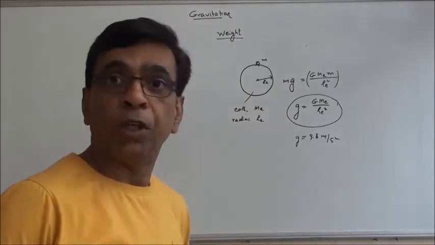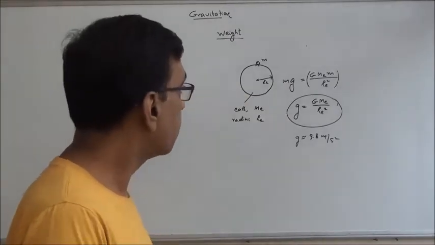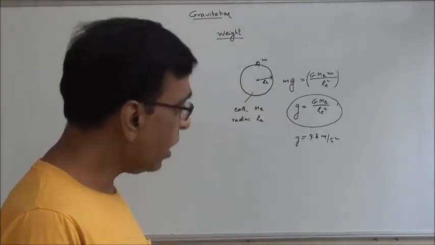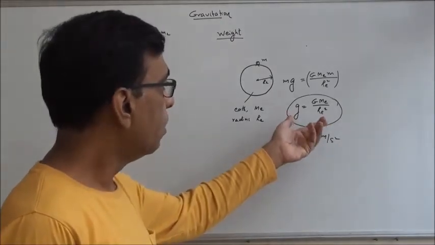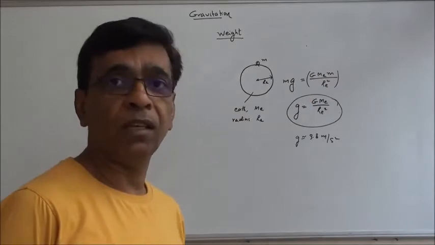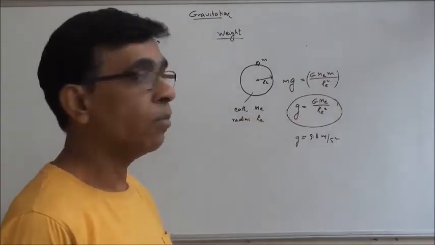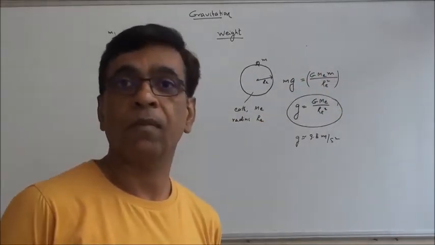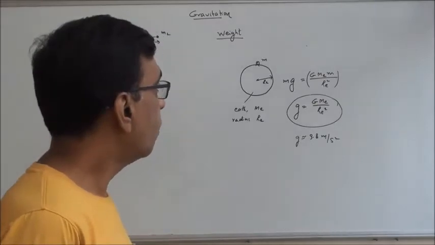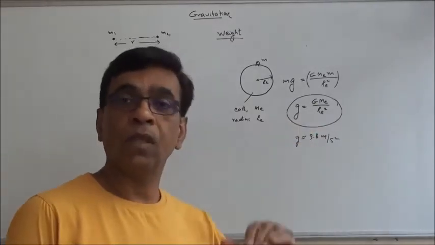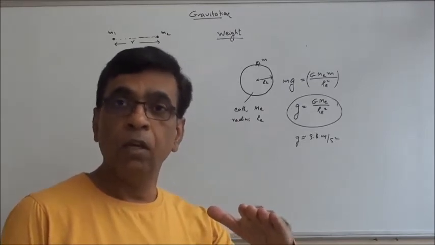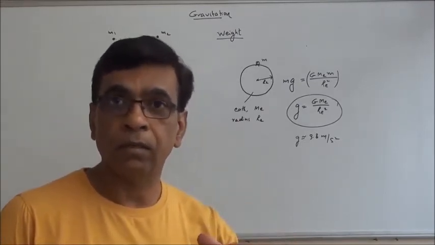We used to take 9.8 only in earlier topics, but see, the only force that we have taken is G Me m upon Re square. So this is the value of g on a flat, non-rotating Earth.